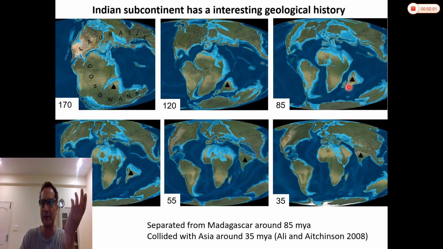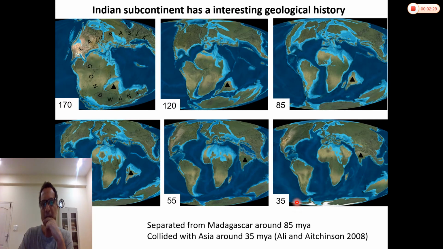India separates from Madagascar about 85 million years ago, about 80 to 90 million years ago, and eventually begins to move towards Asia, right? And then collides with Asia around 55 million years ago, and eventually merges with Asia about 35 million years ago. So for about 50 million years, India was an island, a drifting plate, a drifting island.